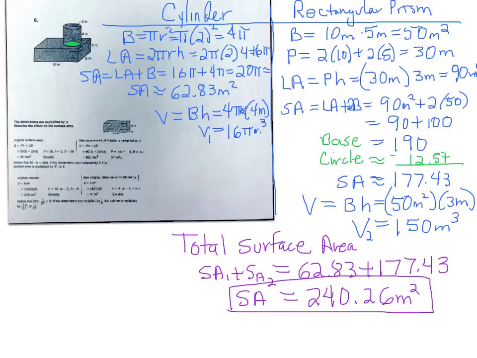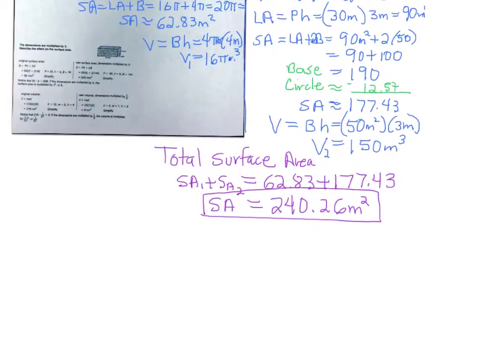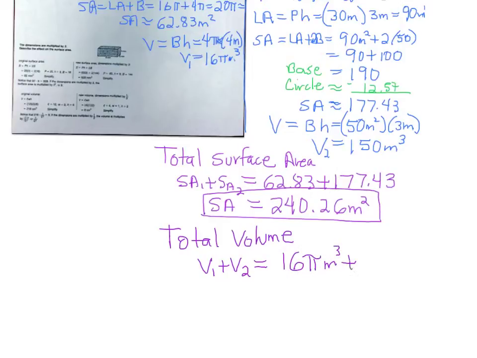And now for the total volume. Total volume means volume 1 plus volume 2. We add them up, and we got for the volume of the cylinder 16 pi, plus the volume of the prism, which is 150.